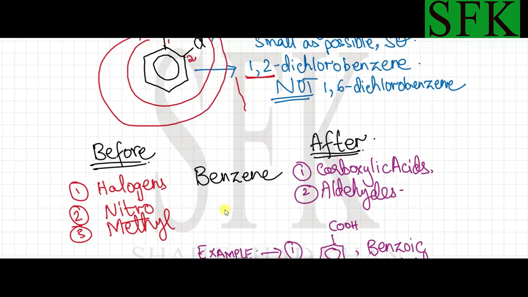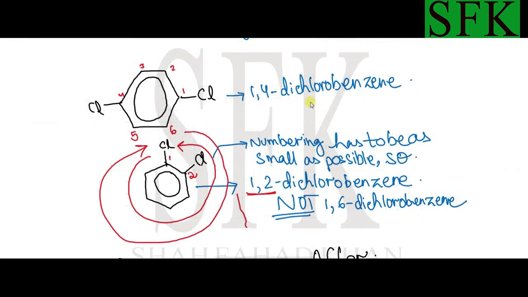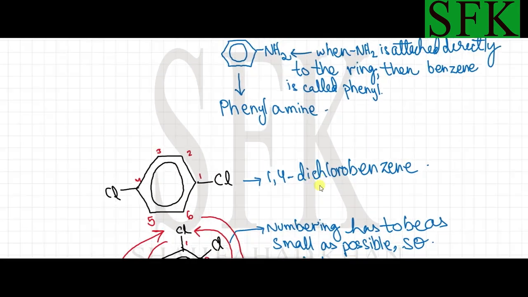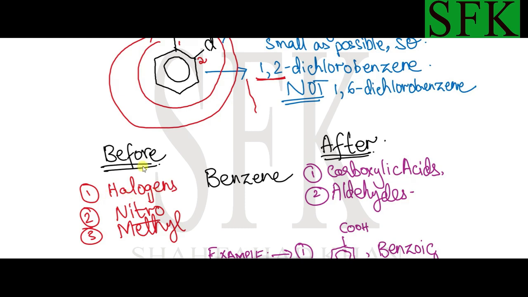For example, the groups that we named over here above, the chloro came before benzene, the chloro was named before benzene in this entire name. The chloro group over here, the halogen is named before benzene, and benzene comes in the second part of the name. So if it's a halogen, it's going to be named as halobenzene, chlorobenzene, bromobenzene, iodobenzene, etc.